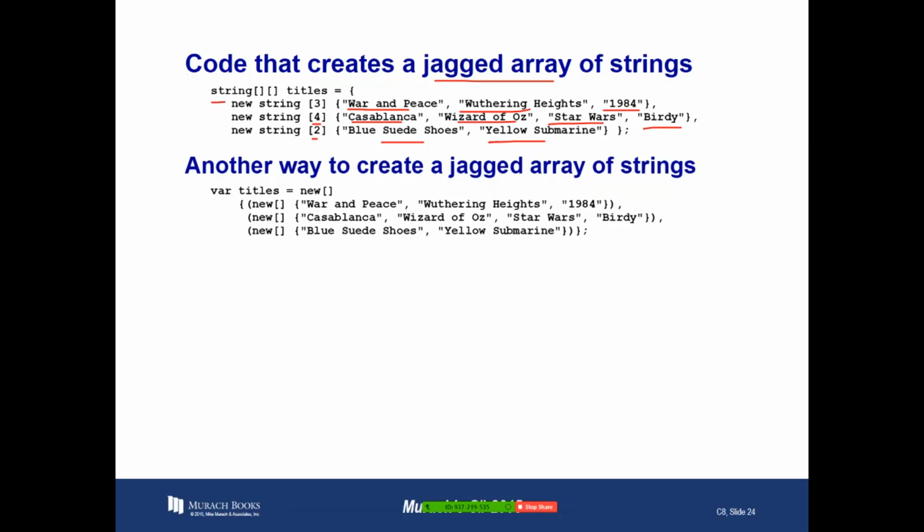It's got only 2 elements in it. And again, this is another way to create this jagged array of strings, where the type is not declared out here, but it's implied by the assignment of the values. And so here, this is how we can do that. We just have a generic var there.